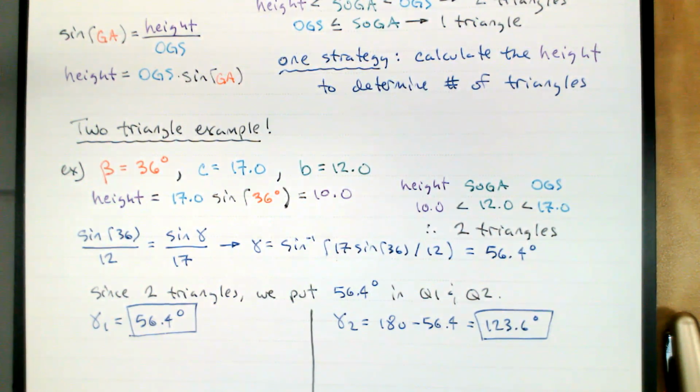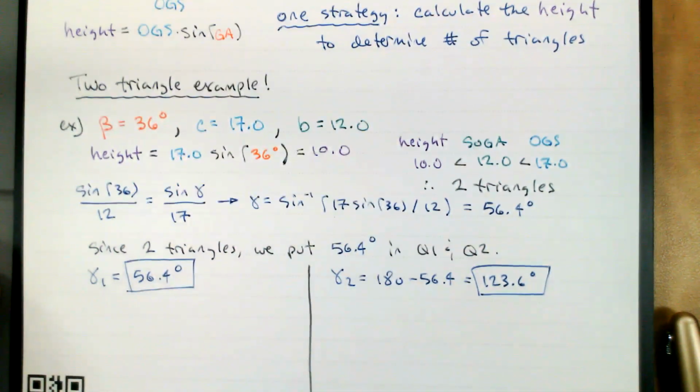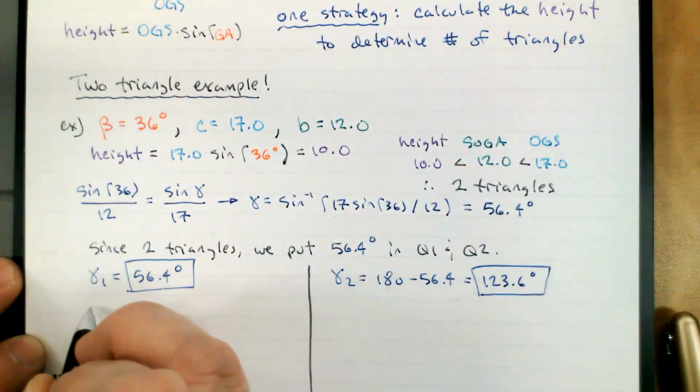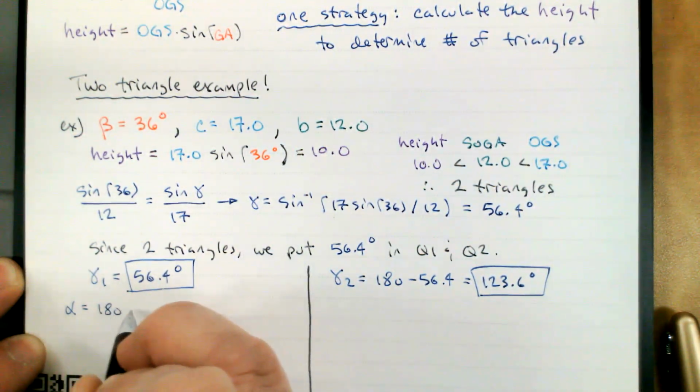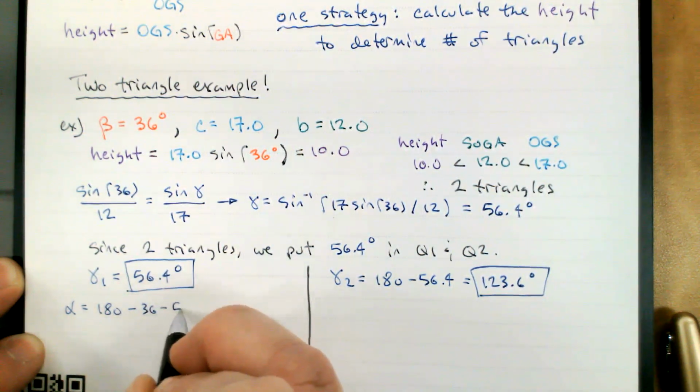Now that I have two angles, I need to subtract to find the third angle. So my alpha from quadrant 1 is going to be 180 minus the 36 minus 56.4.